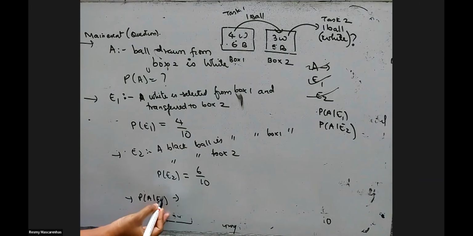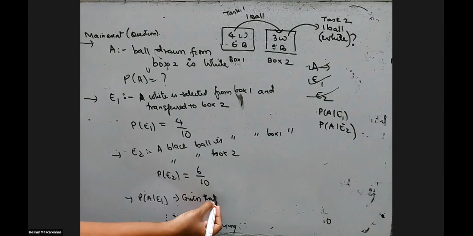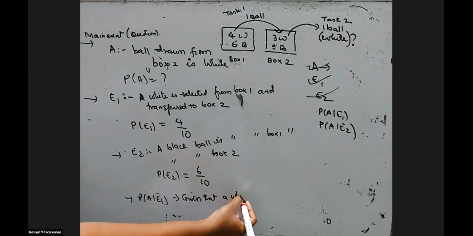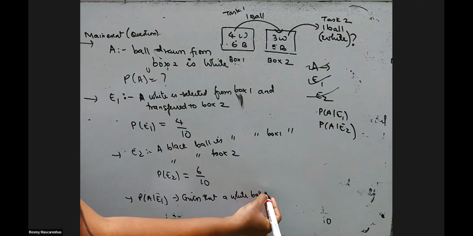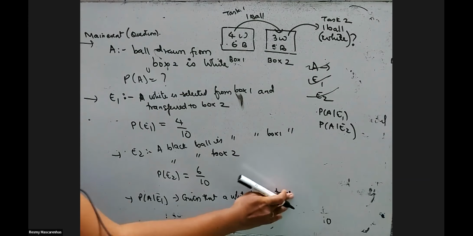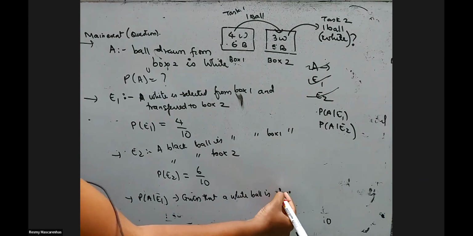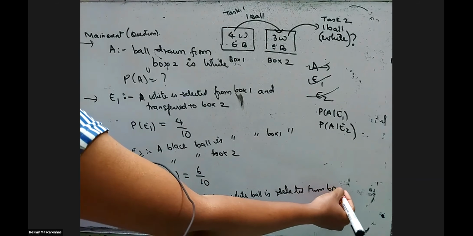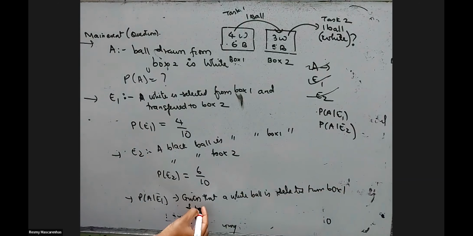How to read: I told you, you have to always start with the given. E1 means read here, go back here. Given that a white ball is selected from box 1 and transferred to box 2, you can write a shortcut also, or the full thing.